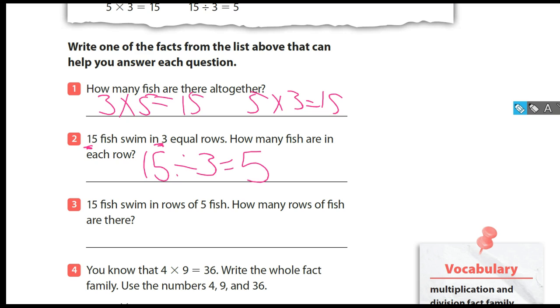You're right. You said 15 divided by, well, it has 15 fish swim in rows of 5 fish. So I'm going to put 5 here. It equals how many rows of fish are there? So how many rows did we find? 3.